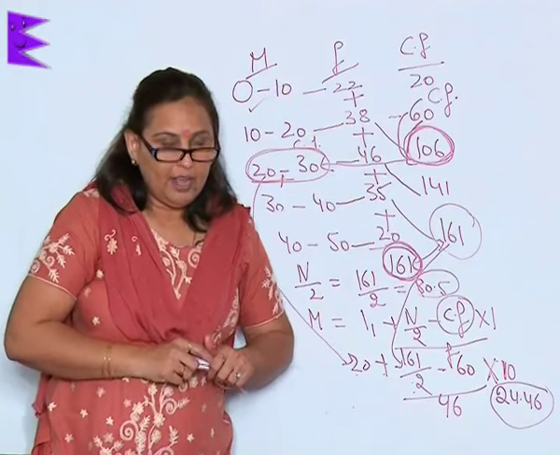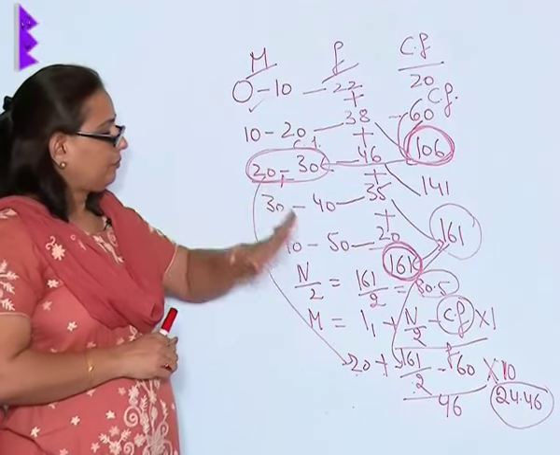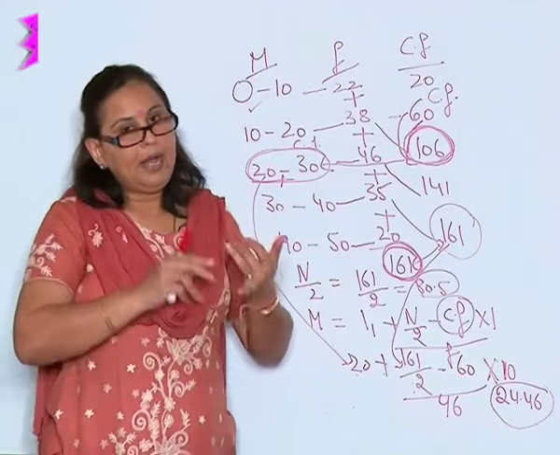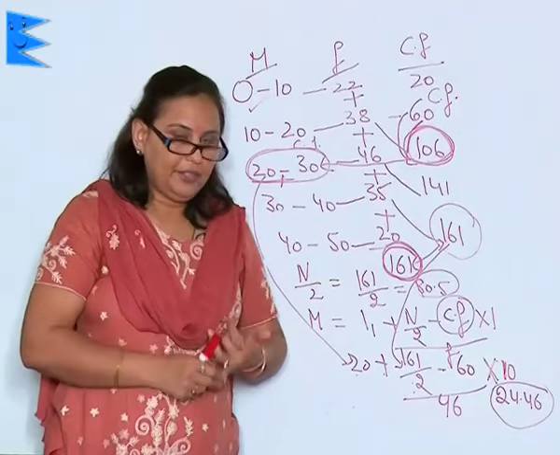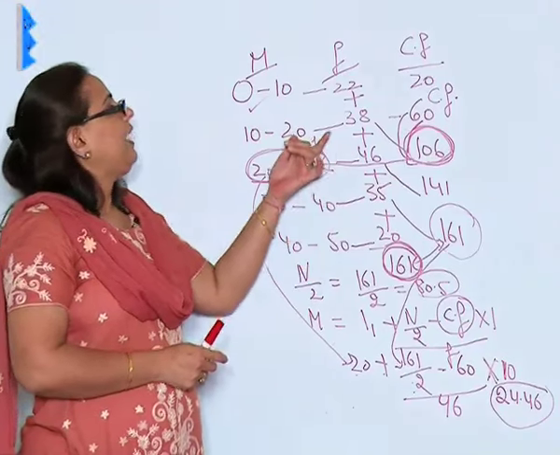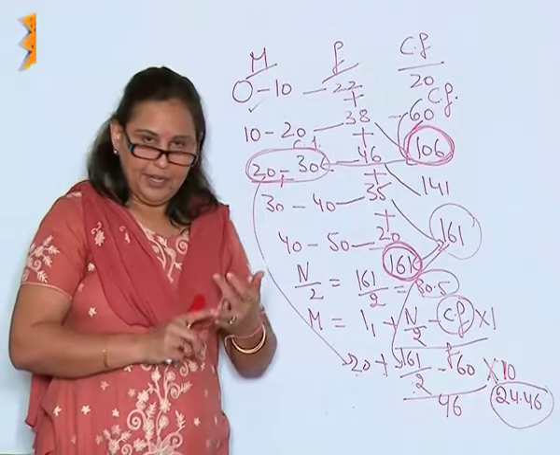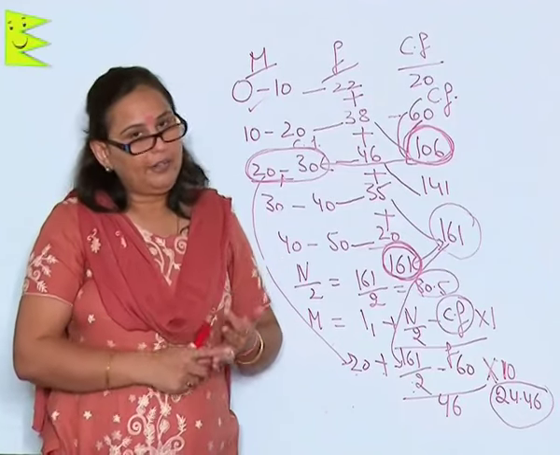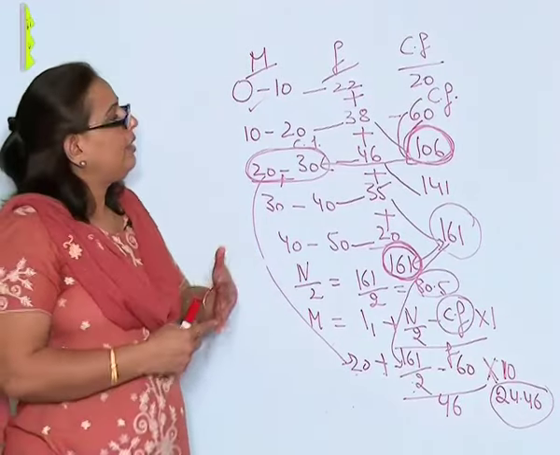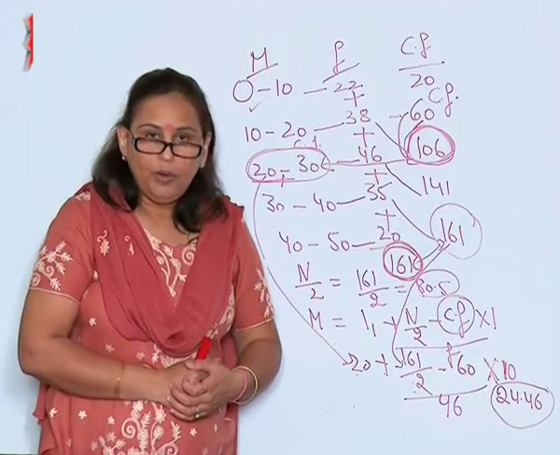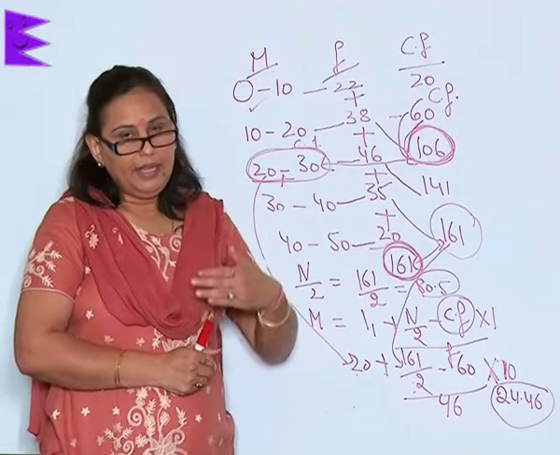So, you shall have observed by now that we have derived the mean by individual, discrete and continuous series, and we have also derived the median through the three, that is the individual, the discrete and the continuous series. The third and the last that we have to learn is the mode, which we will do in the next clipping.